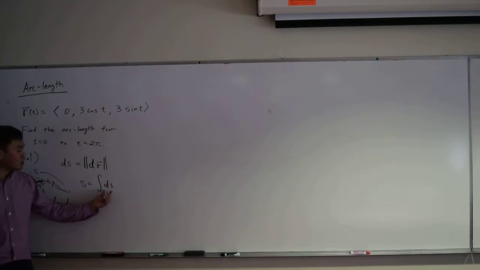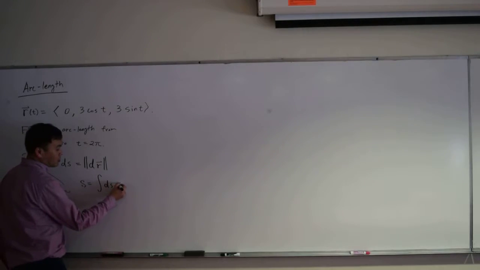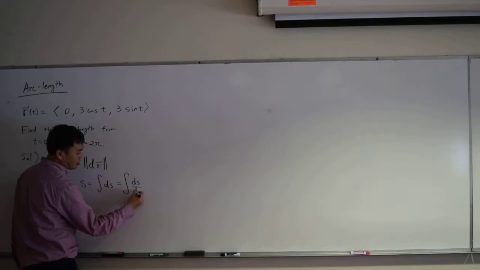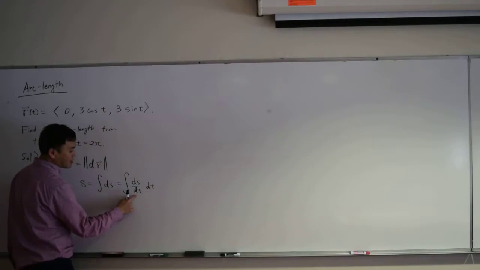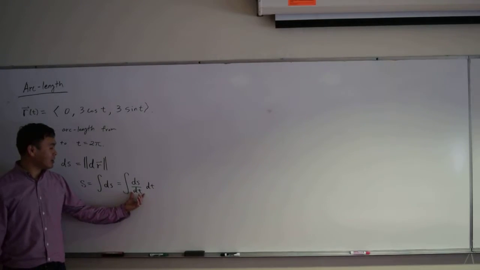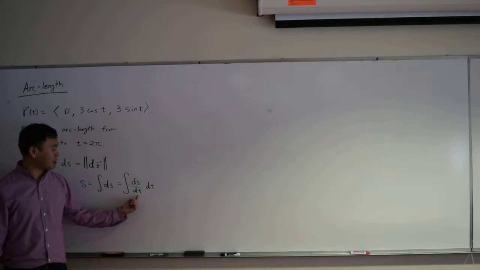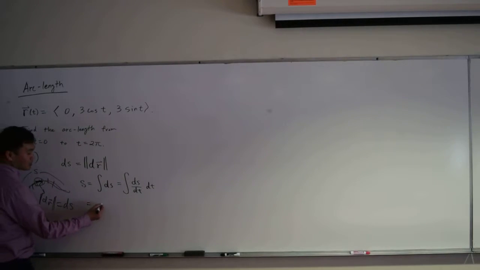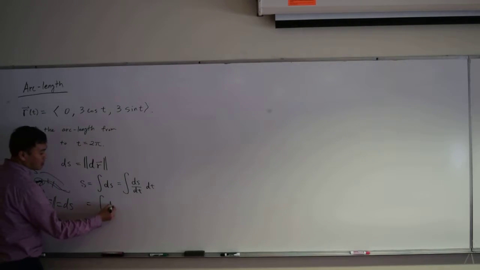But the thing is, we don't know how to calculate this. So we first rewrite it as ds over dt and multiply by dt. So divide by dt and multiply by dt. And think about how to make sense out of this quantity. What's ds dt? That's the norm of dr dt.